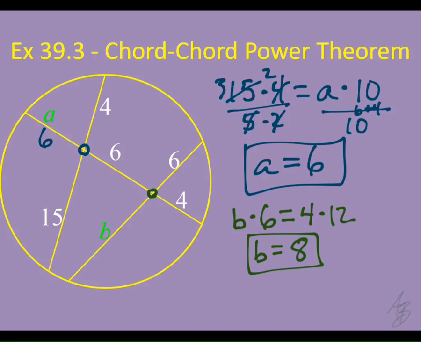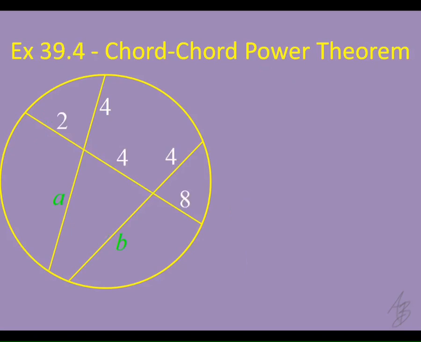Does that make sense? All right, then go ahead and do this one on your own. Which one do you want, A or B? A. Okay, if we're solving for A, I'll get you started. We're going to use that intersection, right? A times 4 equals 2 times 4 times 8?